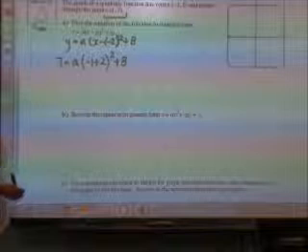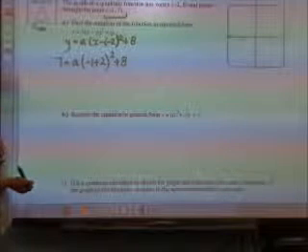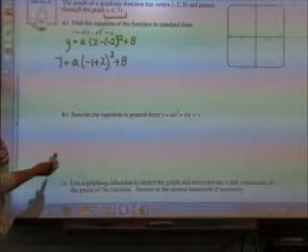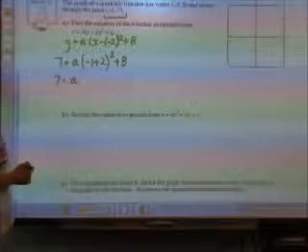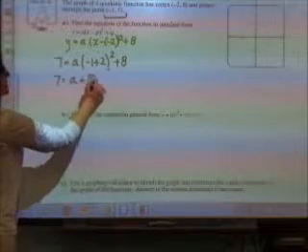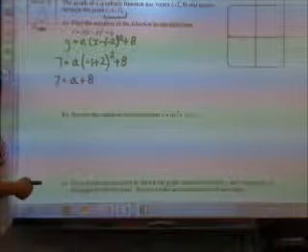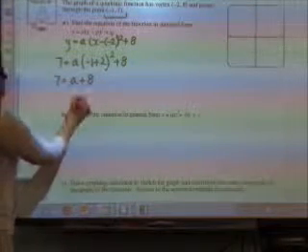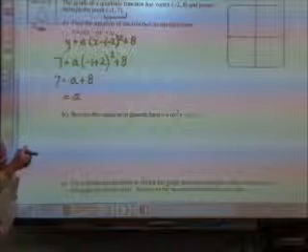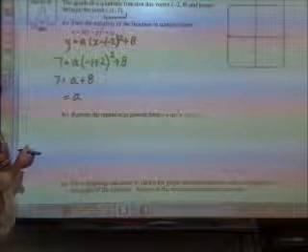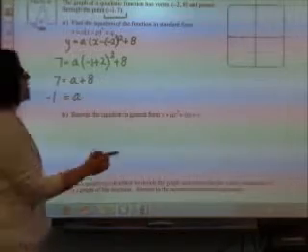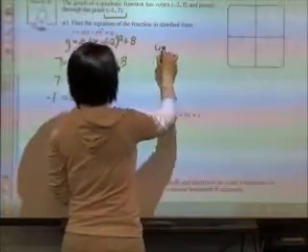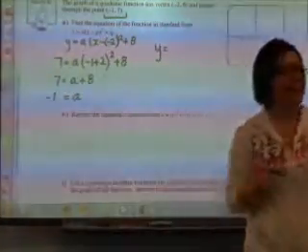What's -1 plus 2? And what's 1 squared? So I will get A by itself plus 8. To get A isolated, subtract by 8 on each side, and what would A equal? -1. So then my final equation will look like this.